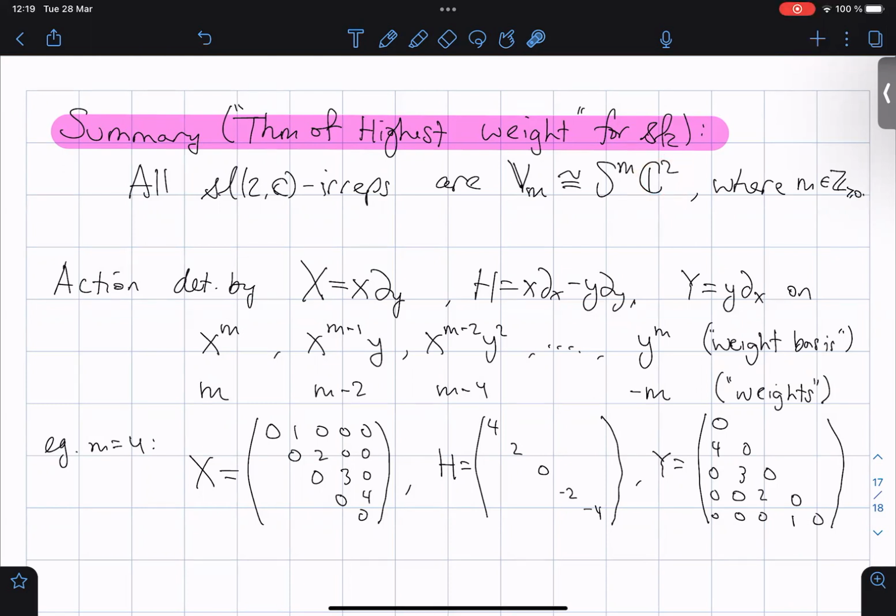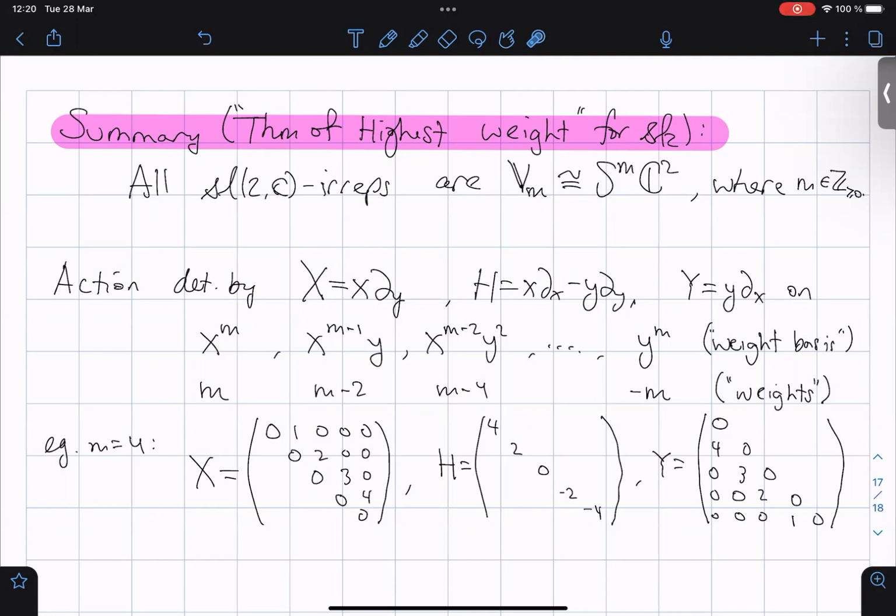What I want to do in this first hour, after this little recap, is review a little bit on dual spaces. I want to make this identification, at least in the SL2 case, between C2 and C2 star, the dual vector space. What is this explicitly?